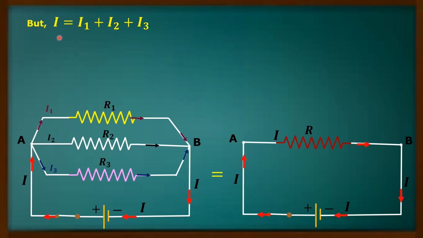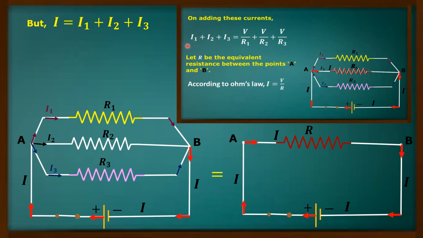Just now we have seen these values. I1 plus I2 plus I3 is nothing but V by R1 plus V by R2 plus V by R3, whereas I is equal to V by R. So let us substitute these values in this equation.